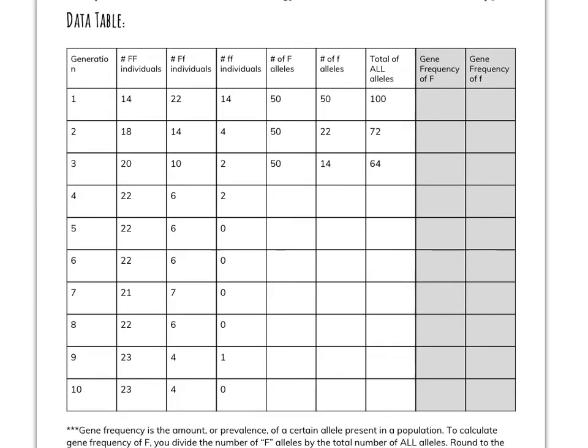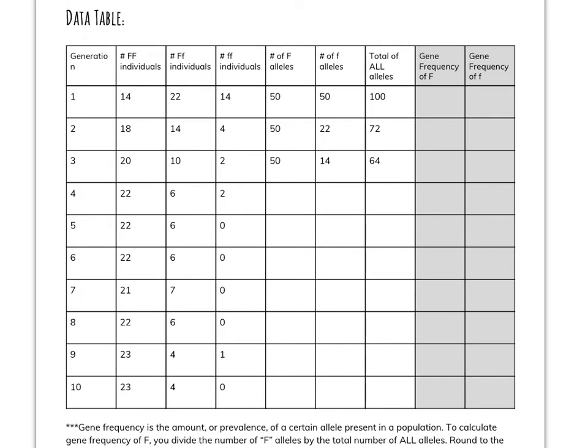So moving on down here, I'll pause the video and finish the data table, and then we'll do the gene frequencies together. But first, and I explained this in the video for the activity, the number of big F alleles, you have to take this number of individuals, multiply it by 2, because there are 2 big F alleles in that individual, and then add the number of big F, little f individuals, because there's 1 big F allele in this individual.